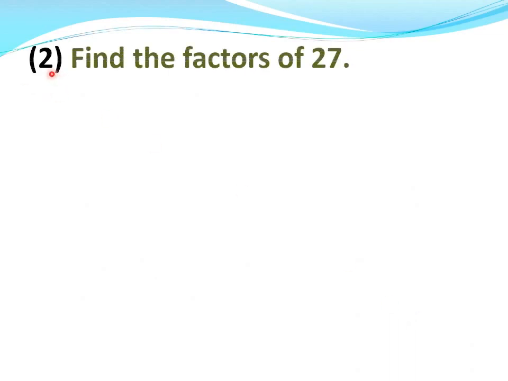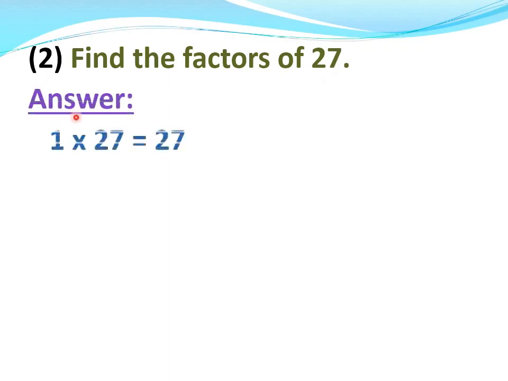Now, question number 2. Find the factors of 27. We have to write all the factors of 27. Answer. See, 1 multiply 27 equals 27 or 27 multiply 1 equals 27. 3 multiply 9 equals 27 or 9 multiply 3 equals 27.